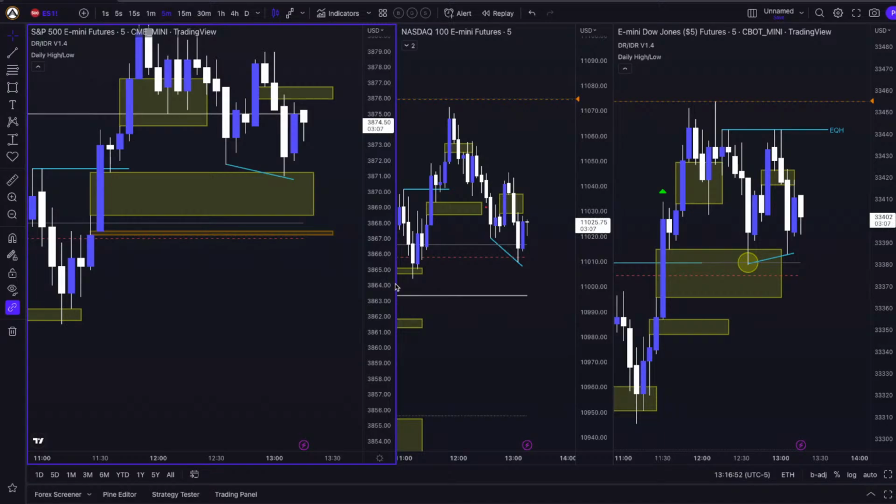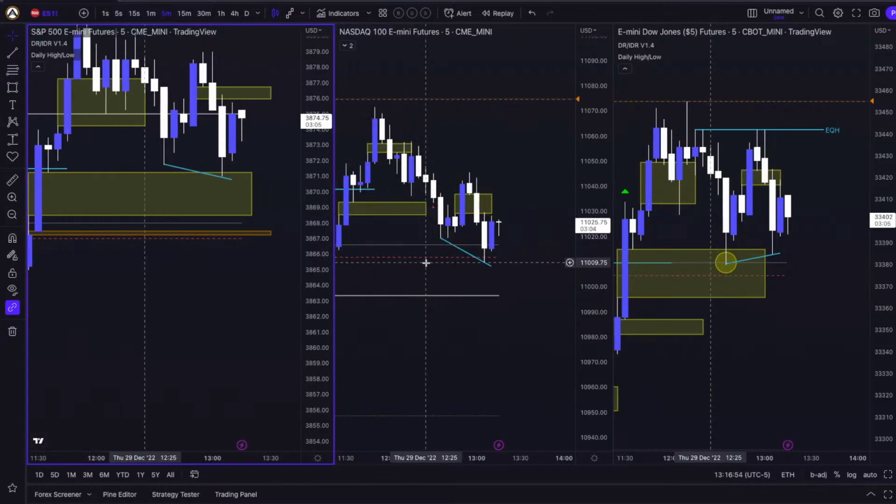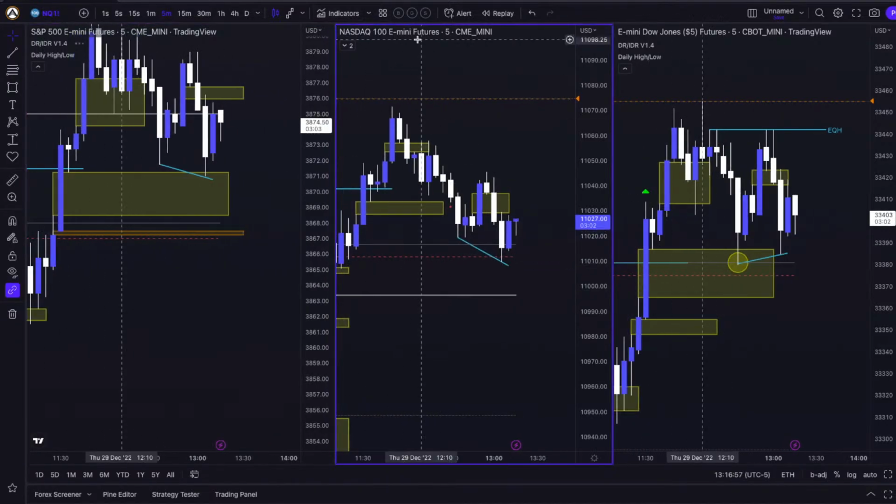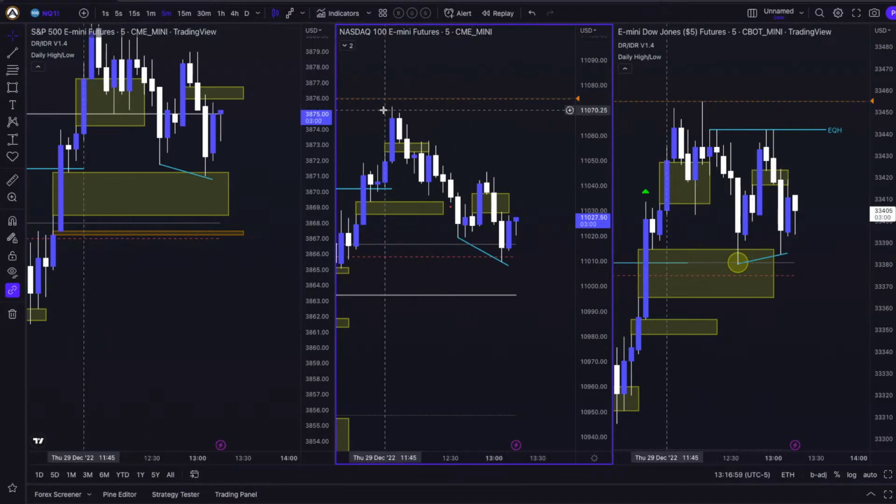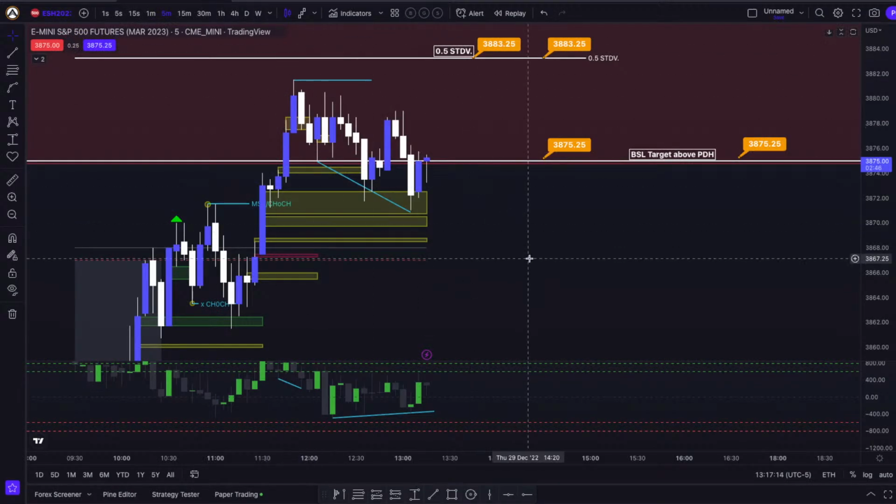If US30 is pumping and, for example, Nasdaq is dumping, that would tell you that the technology sector is, relatively speaking, weaker than US30. So I'd say that would be the correlation between those two, or three basically.